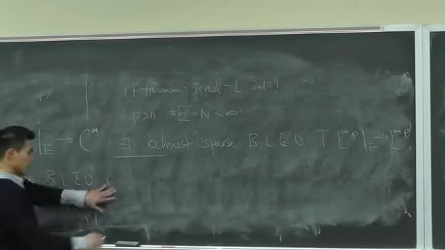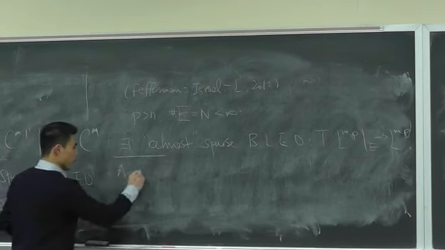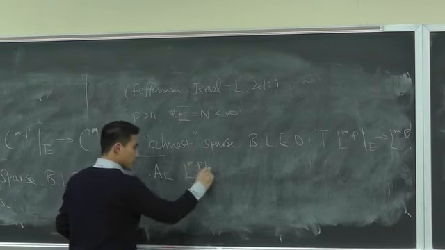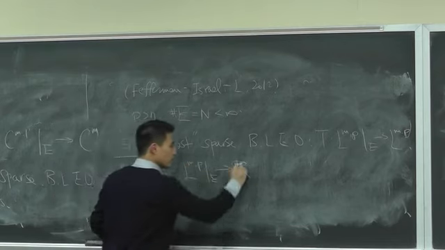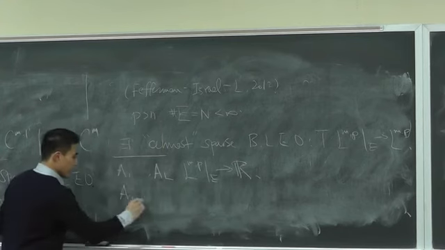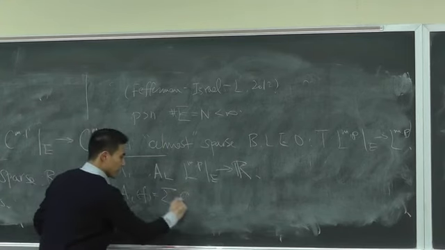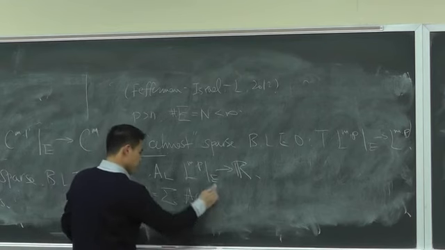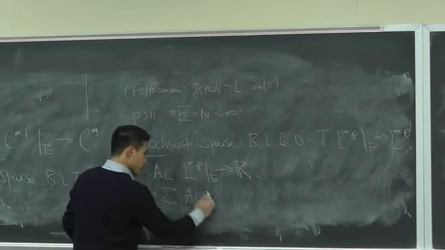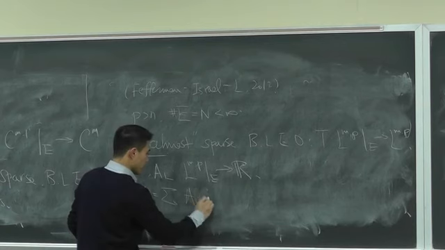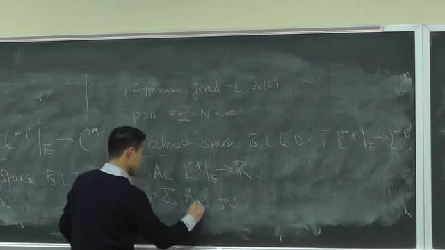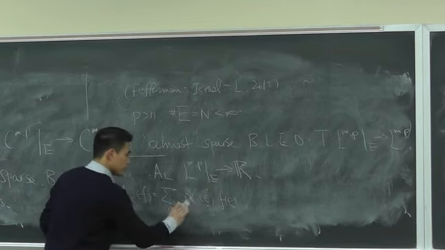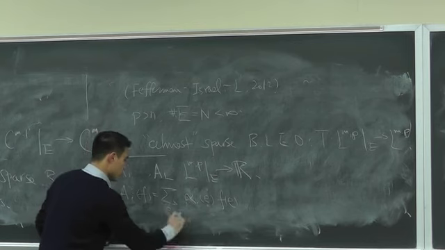To say that, I need to define some quantity for you. A_1 to A_L are real-valued linear functionals, which are linear combinations.